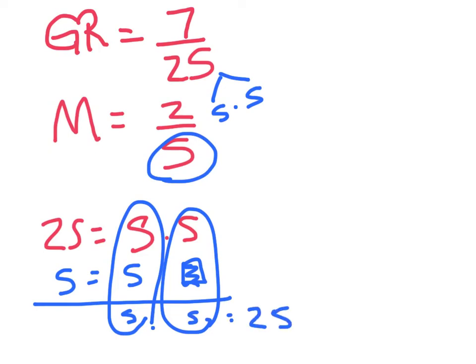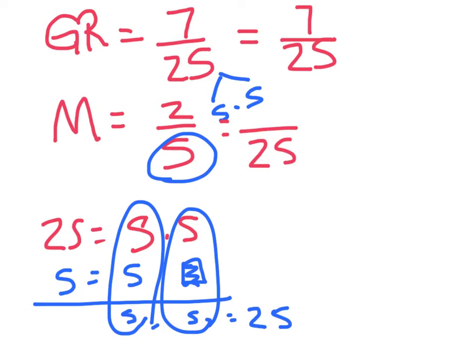So now, conveniently enough, our original fraction for golden retrievers is already in 7/25 format, and 25 is our new denominator. So we can just keep that as 7/25. Now down here though, we have to take 2/5 and convert it into 25. Well, here we go. Let's look at 5 going into 25, 5 times 2 is 10.